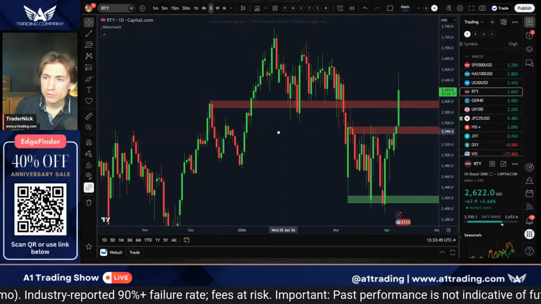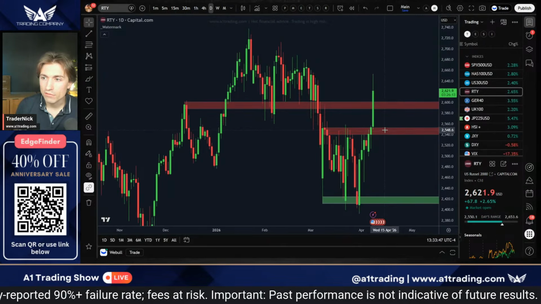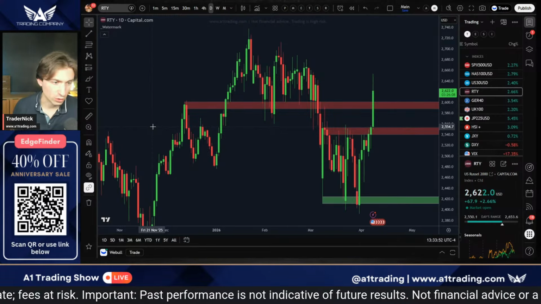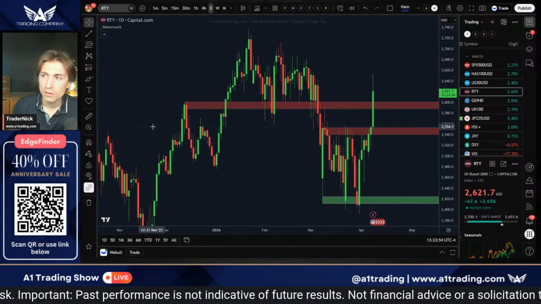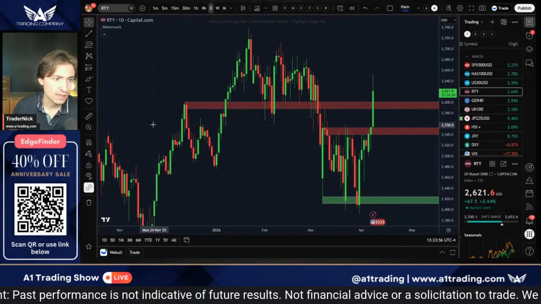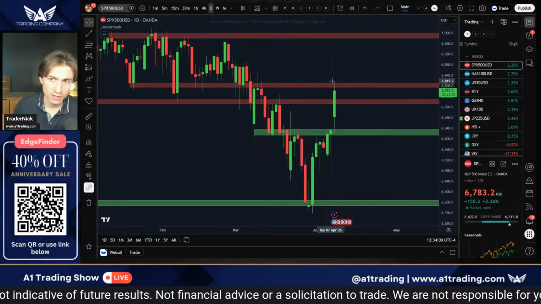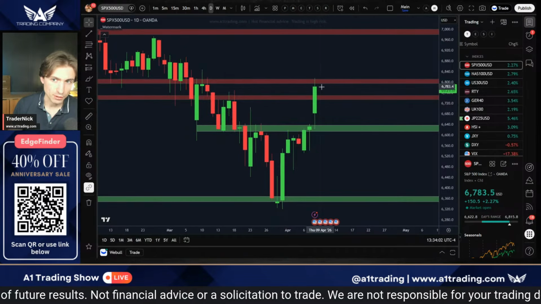If we look at Russell, maybe a pullback into this 2550 area. These are spots where I can see taking a defined risk long position. But I like the idea of waiting for constructive pullbacks on this stuff rather than trying to chase it up here.